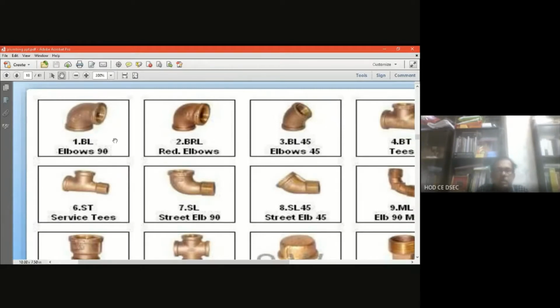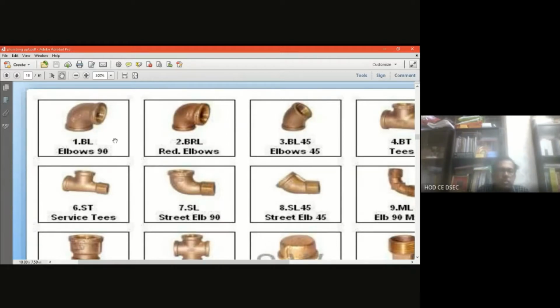Otherwise you cannot buy these accessories in the shop for your own building. So you have to know what the plumbing fittings are.